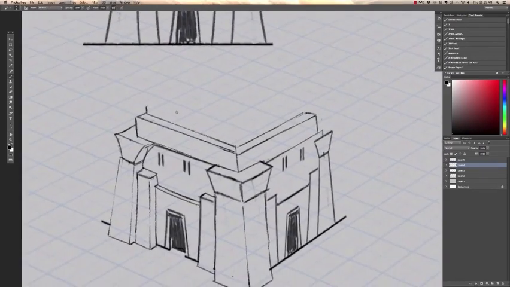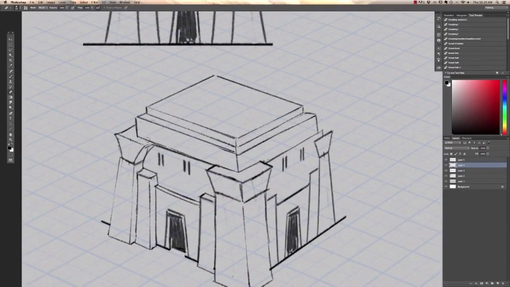Again, I'm working efficiently, a little bit on the quick side. I'm still very mindful of the overall line weight or quality, but at this stage I'm not going out of my way necessarily to make it look like a super pretty drawing.